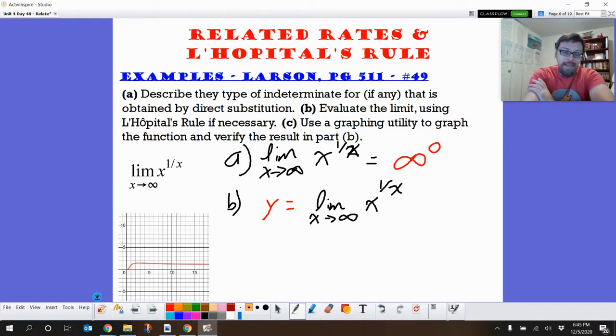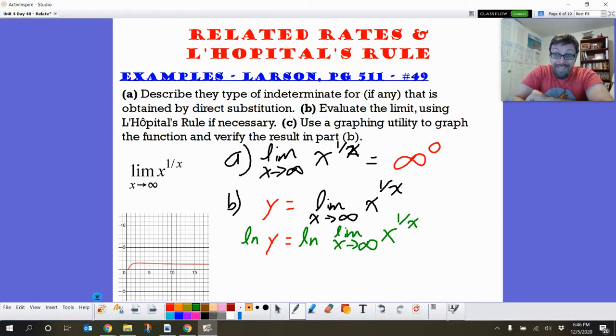Once I've got that, I can take the natural log of both sides. The idea is I want to try to get that 1 over x out of the exponent. So I'm going to take the ln of both sides. So I've got the ln now of y equals the ln of the limit as x approaches infinity of x to the 1 over x.